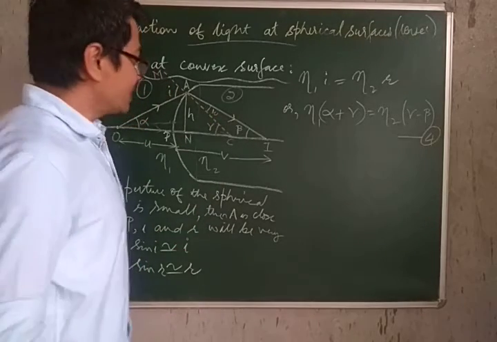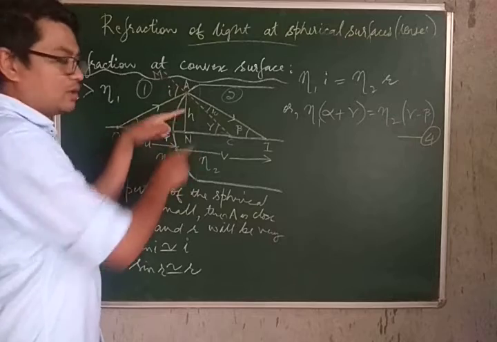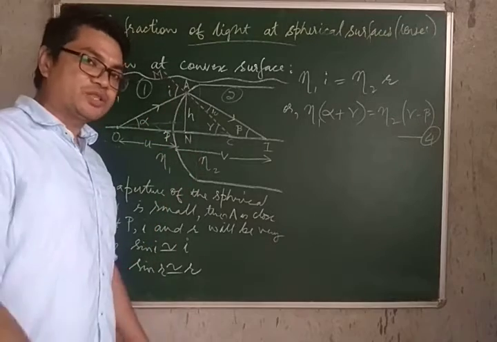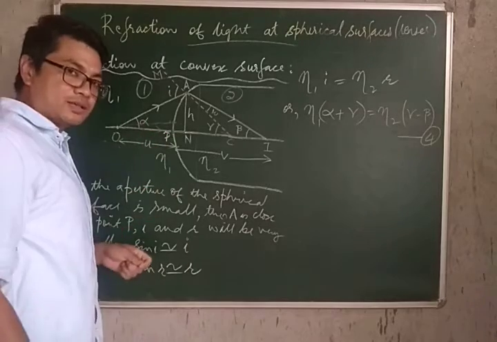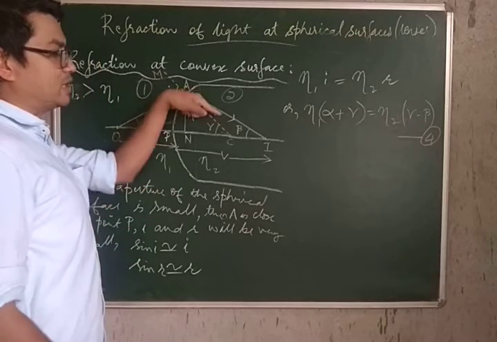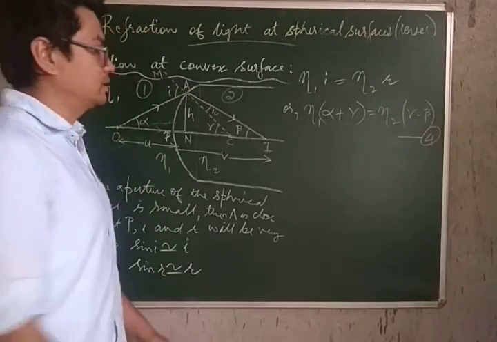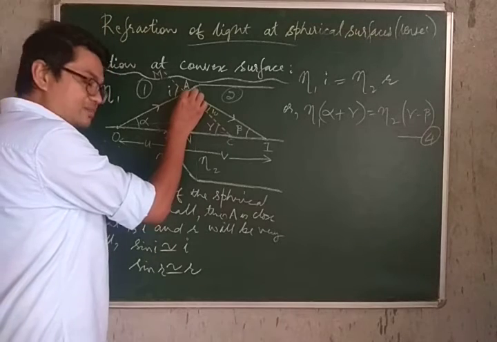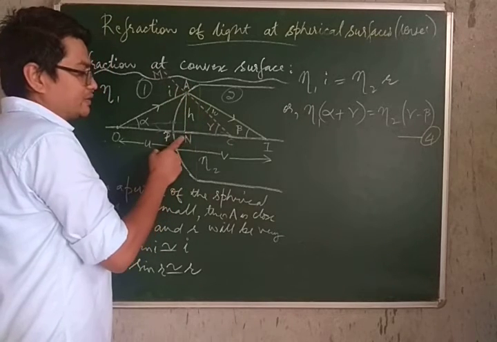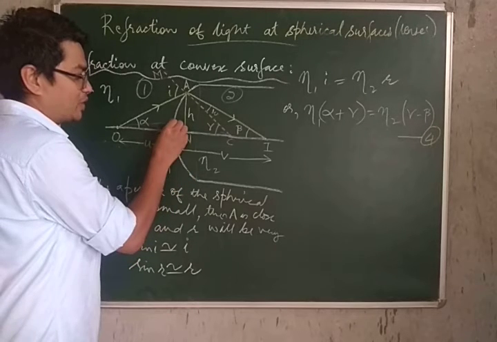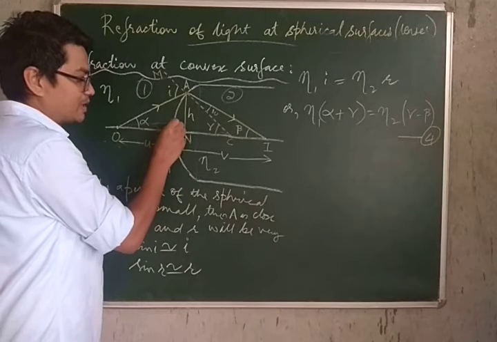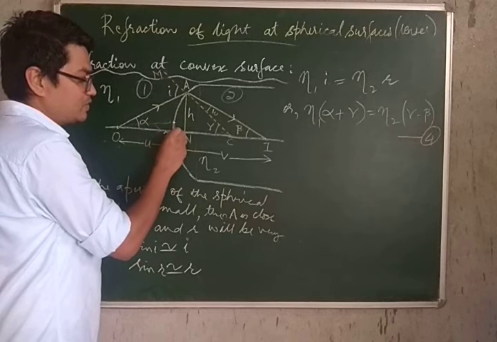Furthermore, since the aperture of the spherical surface is very small, we've already said A will be close to P, and thereby the angle of incidence and angle of refraction will be very small values. Furthermore, if the aperture is small, then this point N will be very close to point P. Point A is here, the perpendicular drop, so N is somewhere over here.